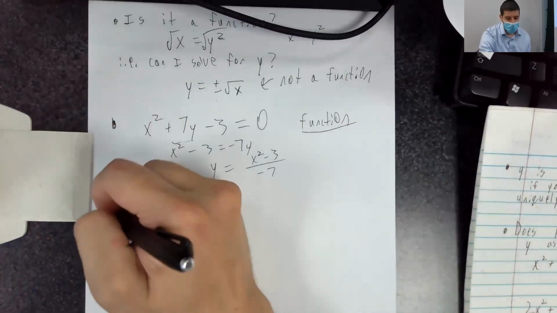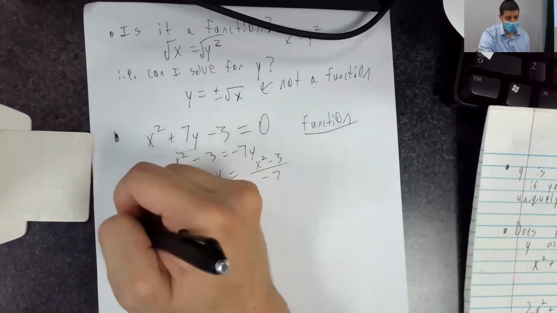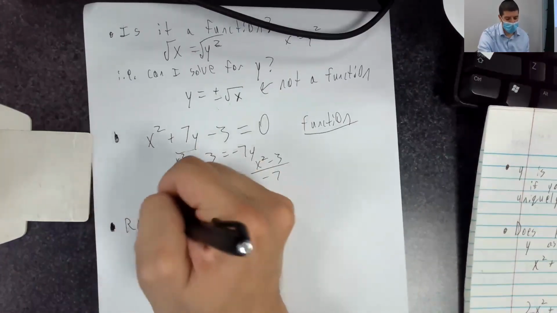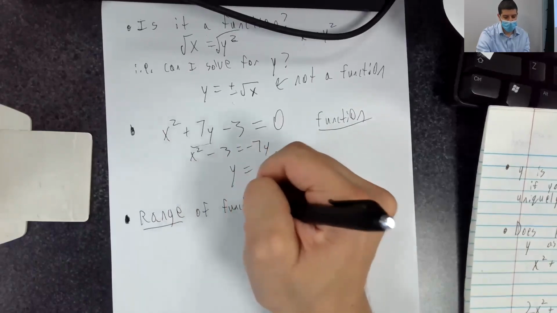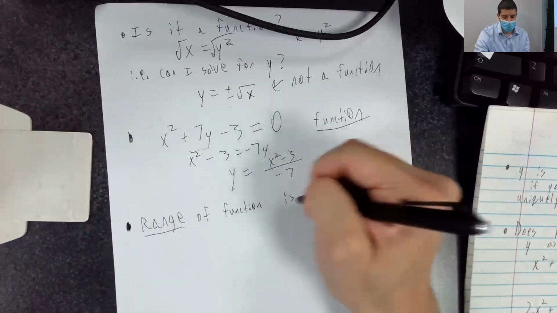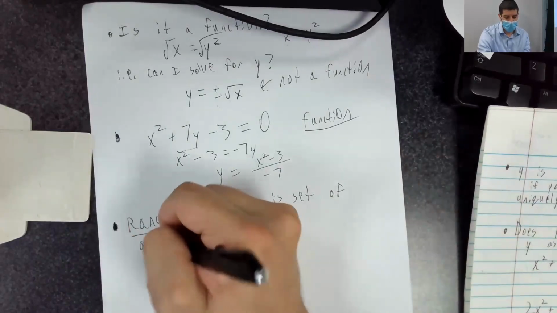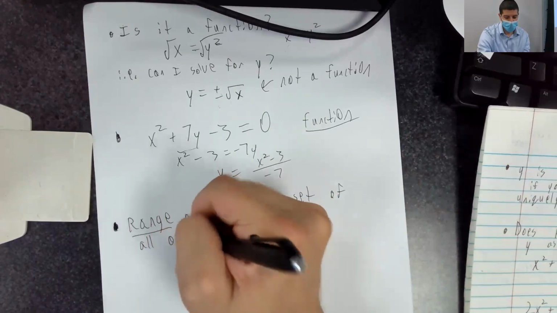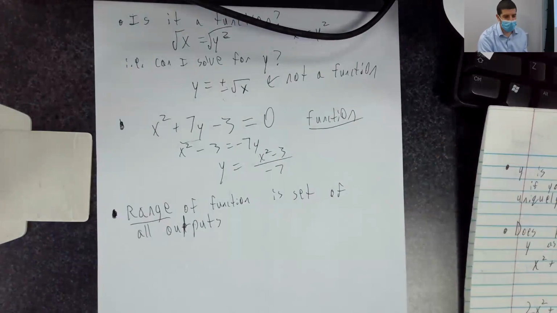One thing that we're not going to use so much, it's less important, but there's something called the range of a function. It is the set of all outputs. Now you'll see this a little bit on the WebAssign, but we're not really going to use it so much.